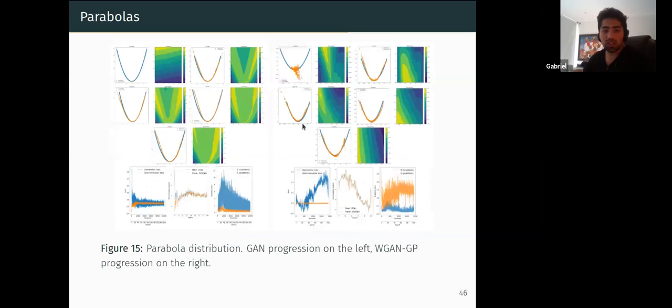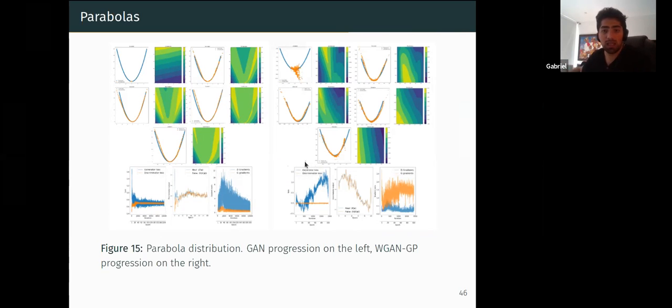I'd like to show you, on the left, a parabola distribution as being learned by a normal GAN, and on the right, the same parabola distribution being learned by a Wasserstein GAN with our gradient penalty.